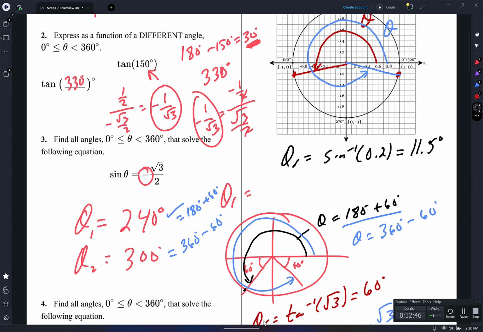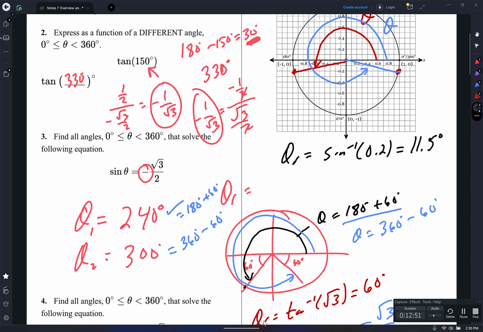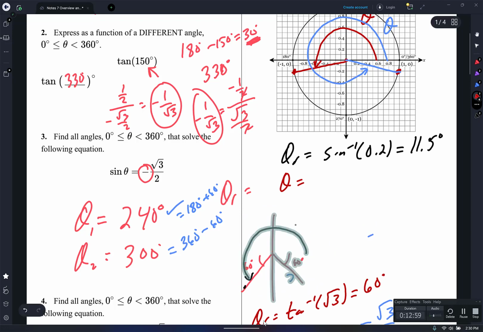And here's what you tell yourself. I'm in quadrant 3, and that's a reference angle. So the one in red, theta, you're going to find that by doing what to that 11.5? Yeah, I heard someone say it. Say it loud and proud. What did I do, guys?